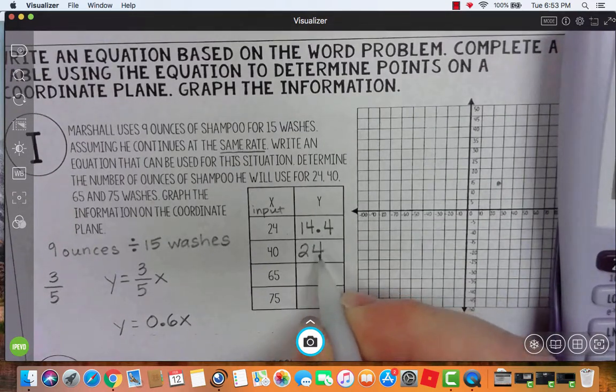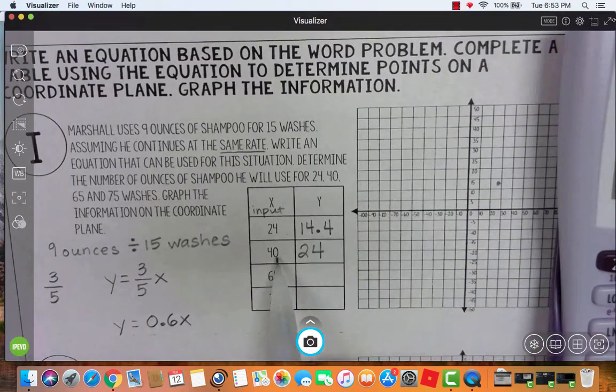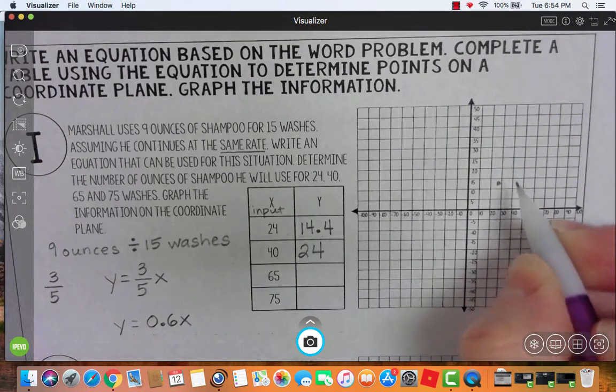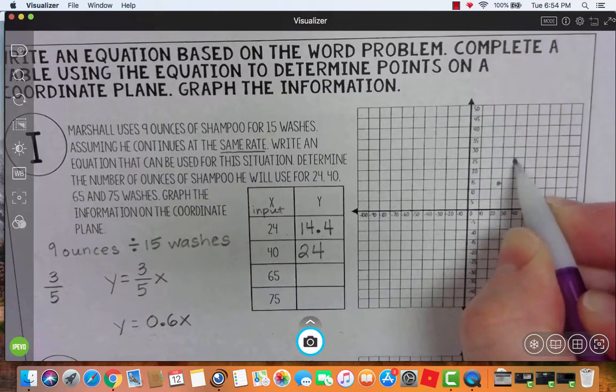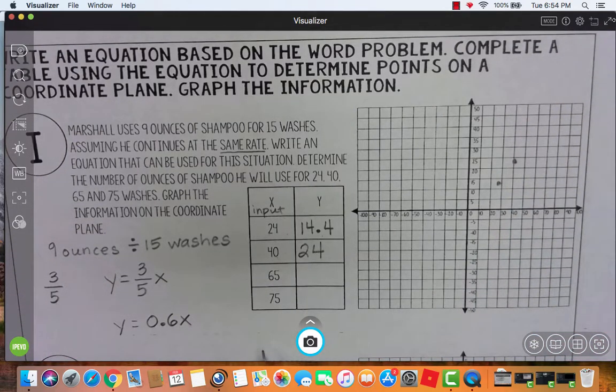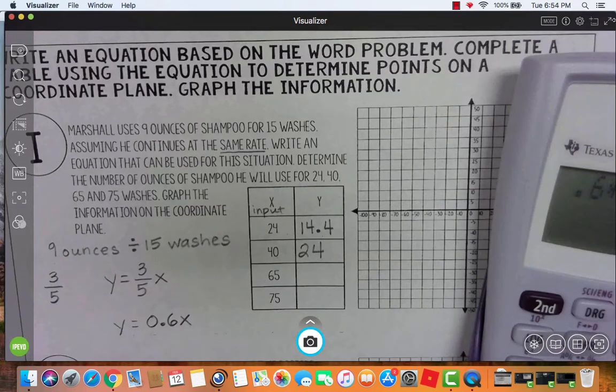So 40 washes, 24 ounces. And then we just keep going.